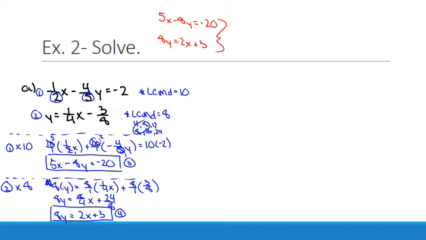Hopefully you've noticed, well, look at, they both have 8y. So this is 8y already. This is 8y. So this one is actually even easier than usual in that my 8y is already isolated and I can use it. So that's what I'm going to do. I am going to sub equation 4 into 3.